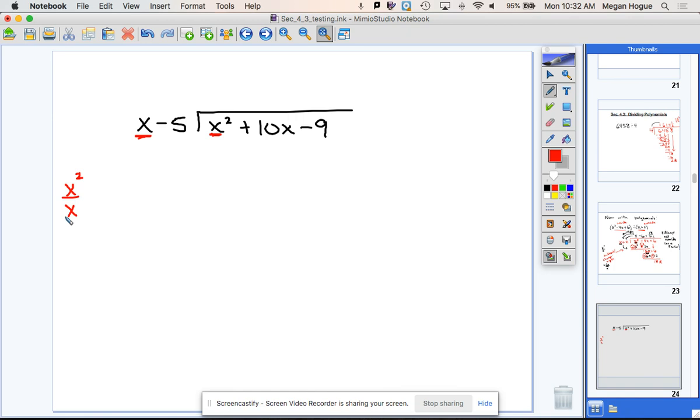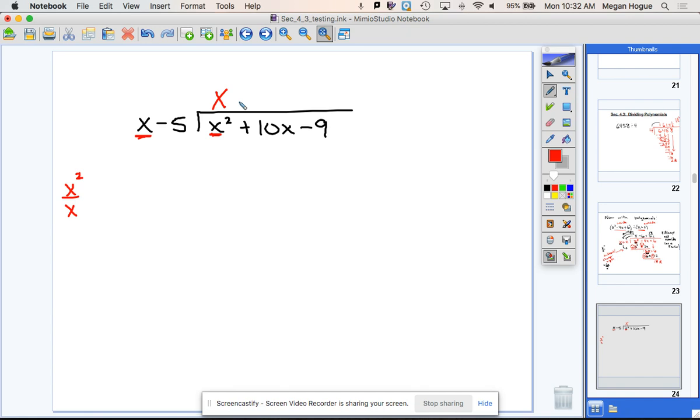So if I take x squared and I divide by x, what's left? X. That's what goes up here. A lot of times it will be, but as these get harder, it won't be. It might be 3x, it might be x squared. But right now, yes, they're starting off and it's going to be x.